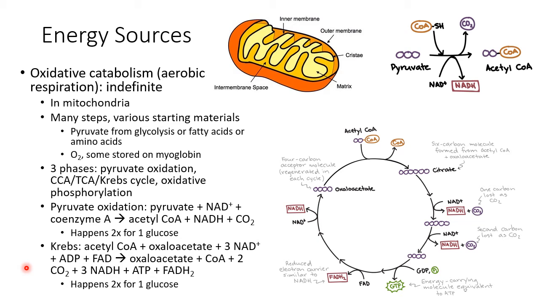So in addition to that starting material, the pyruvate or fatty acid or amino acid, you would be using oxygen as well. Of course, the oxygen is coming from the blood, but you also have oxygen that's stored in muscle cells on myoglobin. Myoglobin is very similar to hemoglobin.